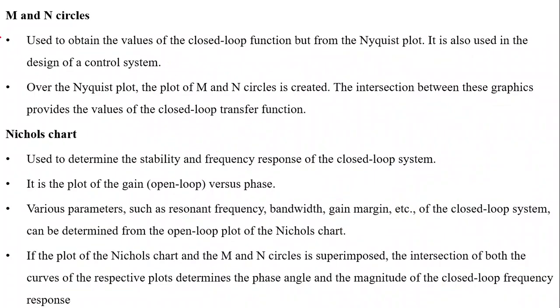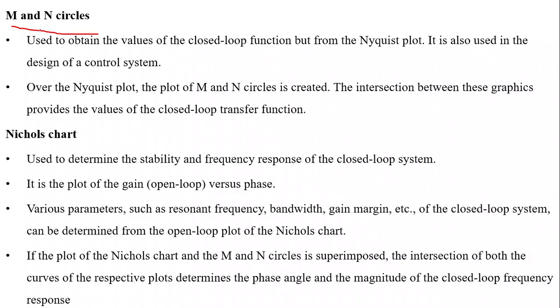The next one is M and N circles. Generally, the Nyquist plot is used to determine the stability of the open loop system, but it does not provide the exact value of the given transfer function. Hence, for this purpose we use M and N circles. M and N circles in circuit theory were introduced by Albert C. Hall.